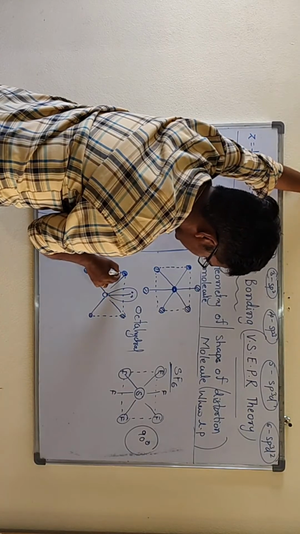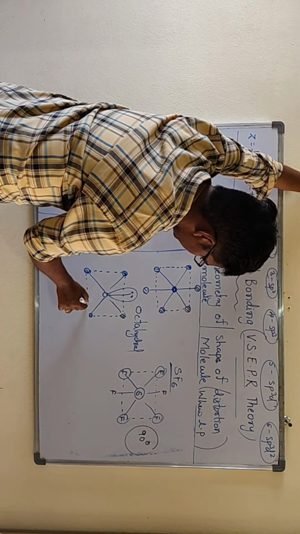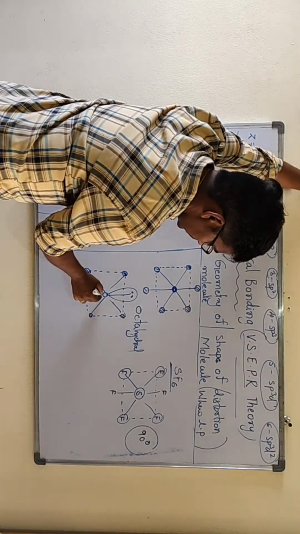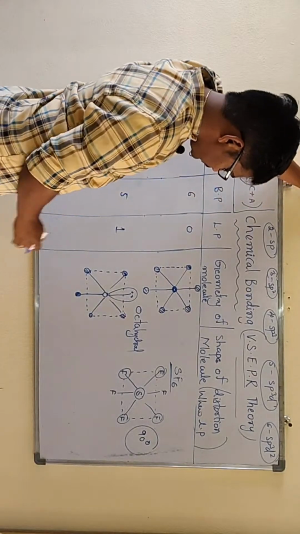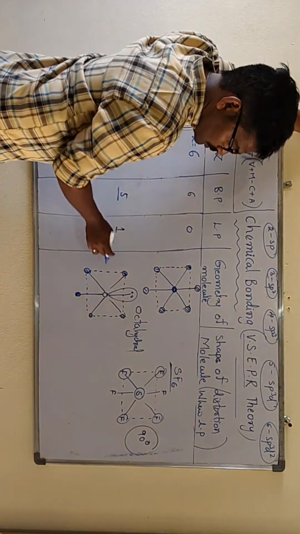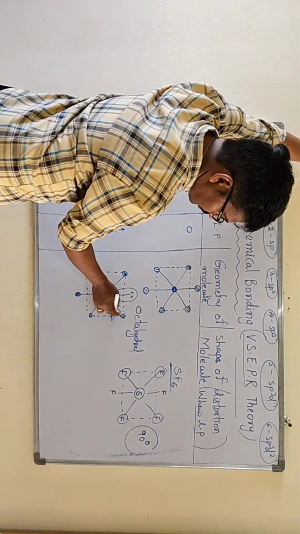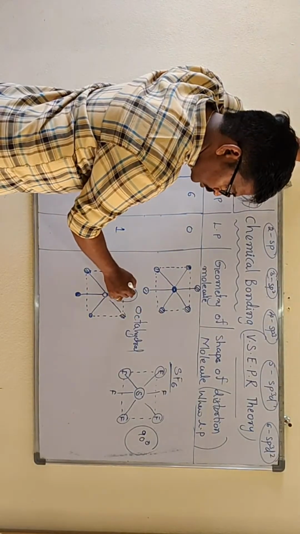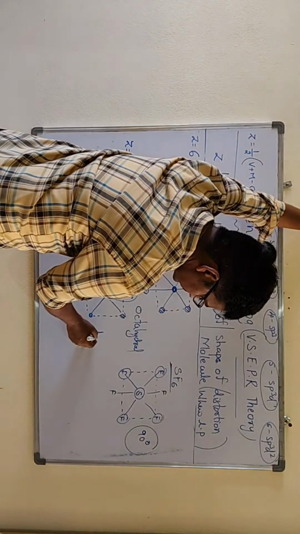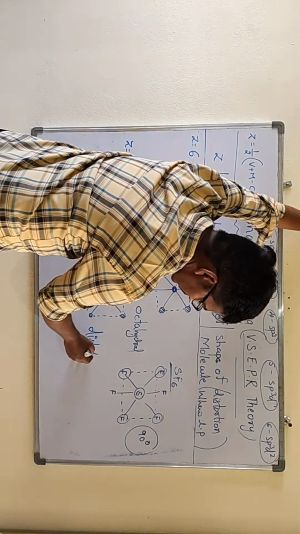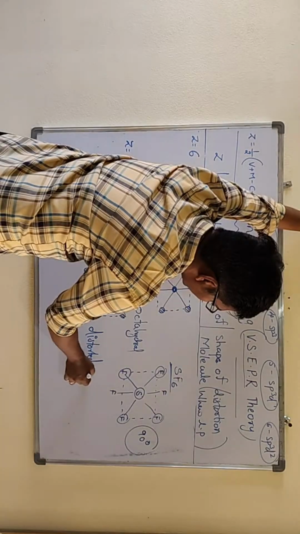At the other position there is one more bond pair. So there are 5 bond pairs and one lone pair. This we call distorted octahedral.